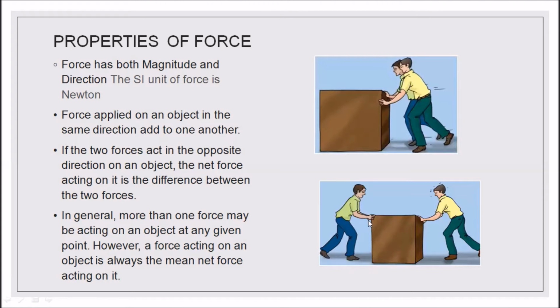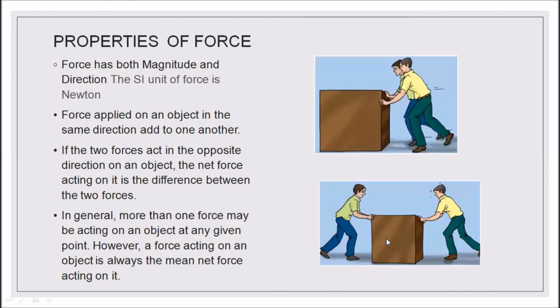And in the next diagram, if the two forces act in the opposite direction, meaning the two persons are pushing a box in opposite directions, then the net force, that is the total force acting on this object, is the difference between these two forces. In general, more than one force may be acting on an object at any given point, however, the force acting on an object is always the net force acting on it.